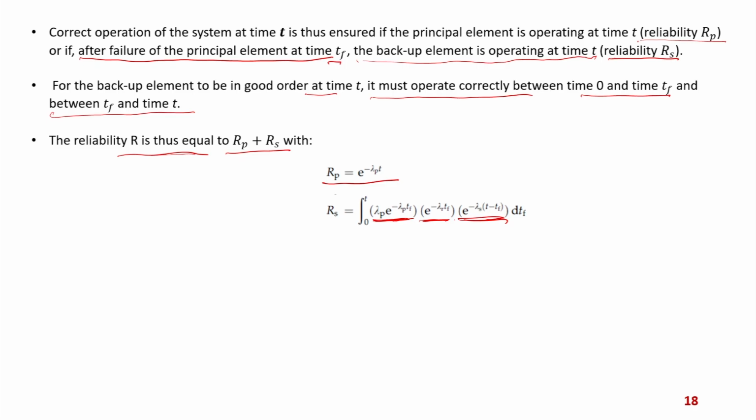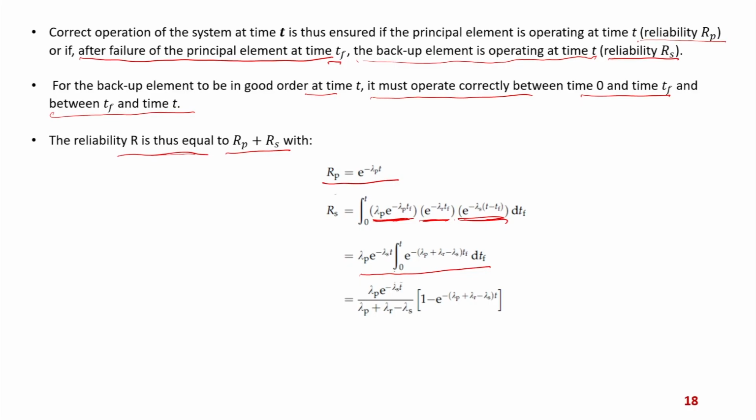So, now what you have to do? You have to do some algebraic operations and we get the final expression. Now, this is the system reliability function considering the different failure rates of the main unit and of the backup unit, again under two cases. In one case, while in storage or inactive condition it should not fail, and in the second case it should perform satisfactorily from the time the main unit has failed till the mission time t.